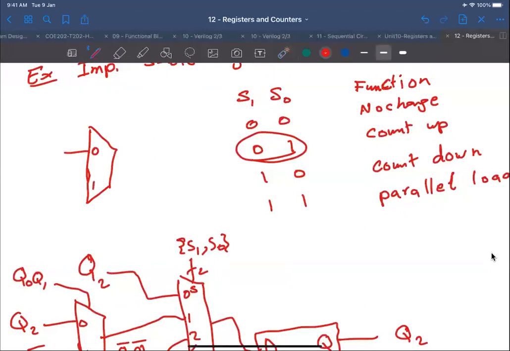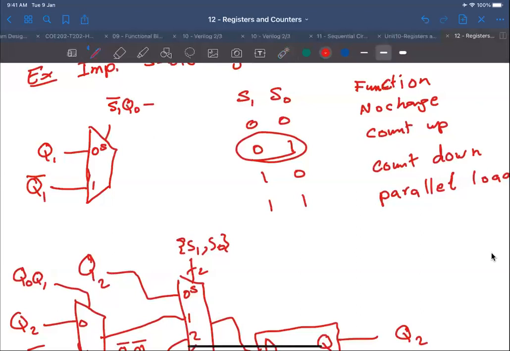This is 0, this is 1, and this is Qi. Let's just make it simple and do it for Q1, for example. Q1 and Q1 complement. And the selection line, let's take S0, S1 to identify our count direction. If S1 is 0, then we count up, so we look for Q0 itself.